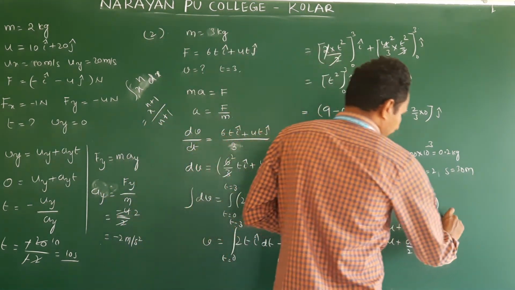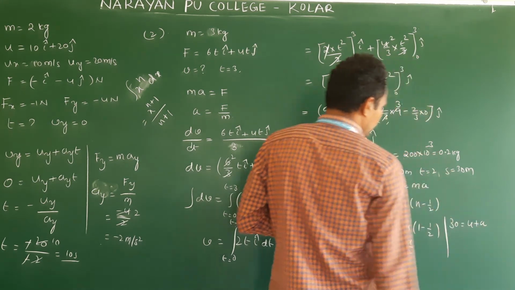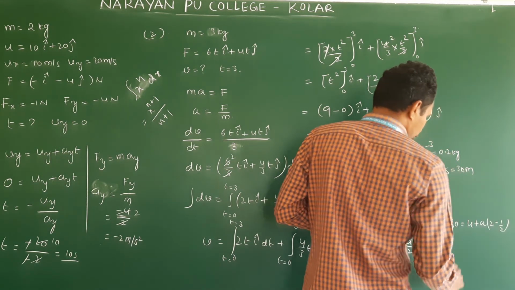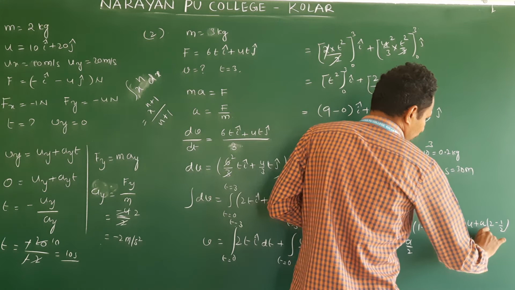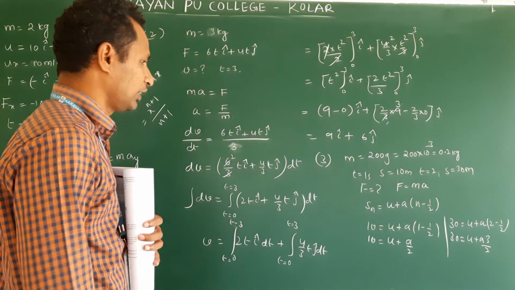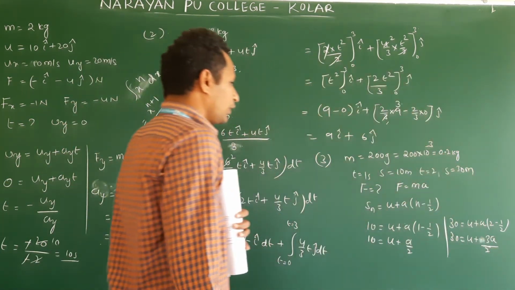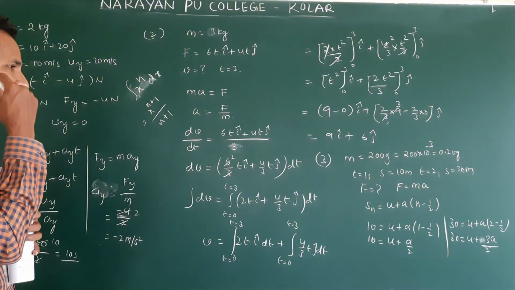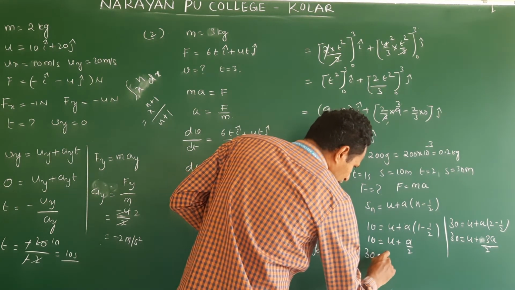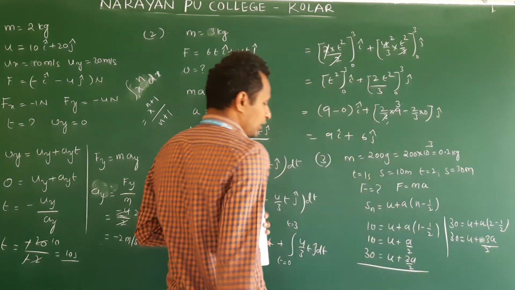Next, the second piece of information: 30 = u + a(2 − 1/2). This is 30 = u + 3/2 a, or we can write 3a/2. Clear? Okay, subtracting, what do you get? 30 = u + 3a/2 minus 10 = u + a/2.